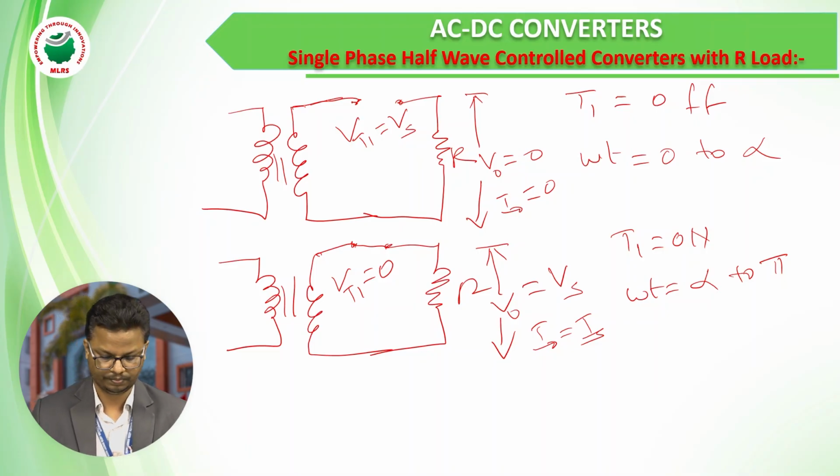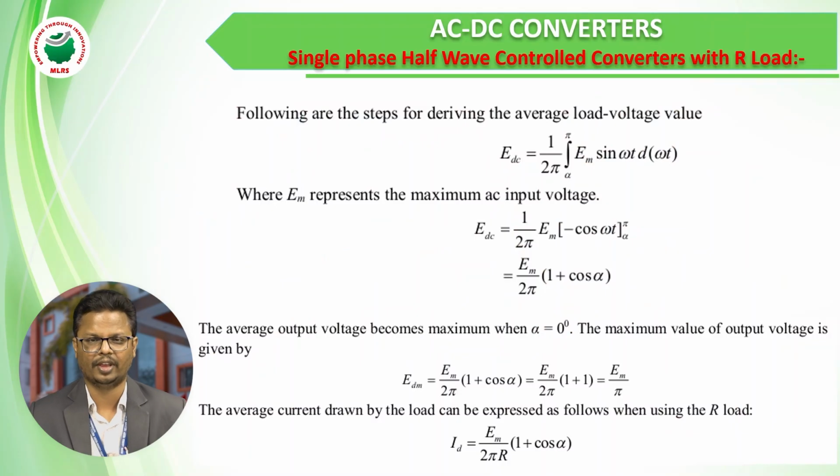So if you see here, we have a derivation to find the average voltage and the RMS voltage. To find the average voltage, here EDC is equal to 1 by 2 pi integral from alpha to pi. Why we consider alpha to pi: it will conduct from alpha to pi, so those conduction period limits we have to consider. Here Em sin omega t is the function.